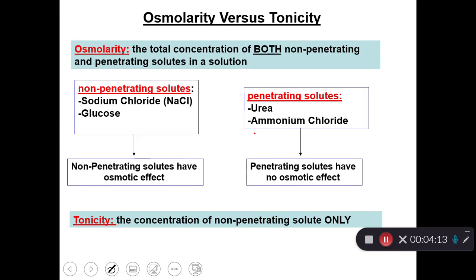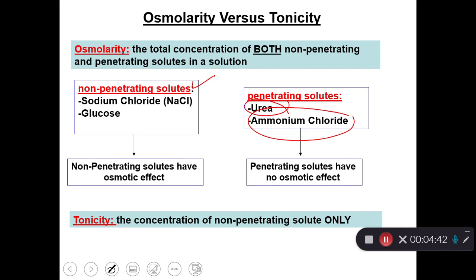Okay, what is the difference between osmolarity and tonicity? Osmolarity is the total concentration of everything, regardless of being penetrating or non-penetrating. That is osmolarity. But do we care about the total osmolarity when we judge osmosis? No. We care only about the non-penetrating solutes.